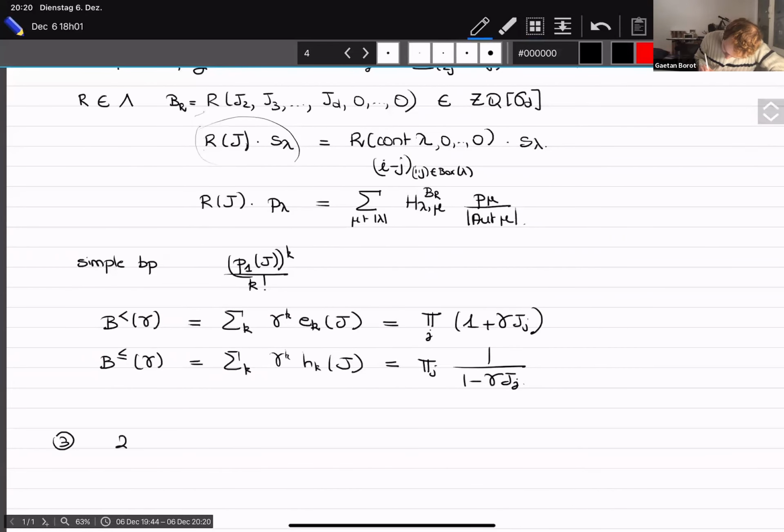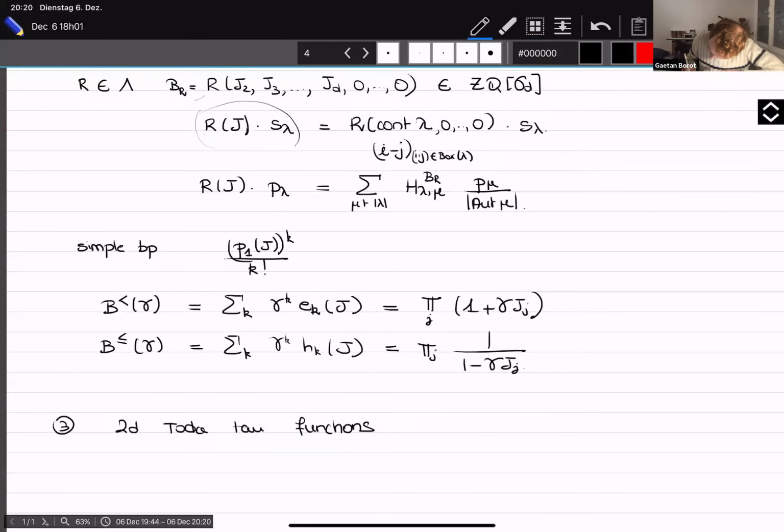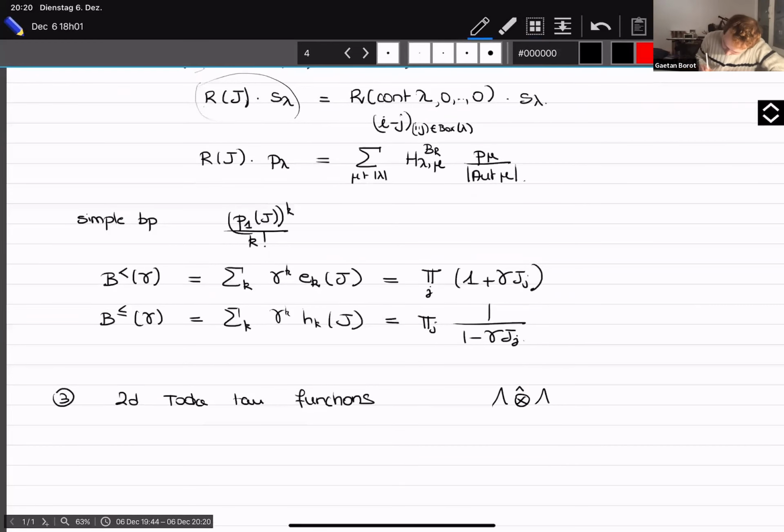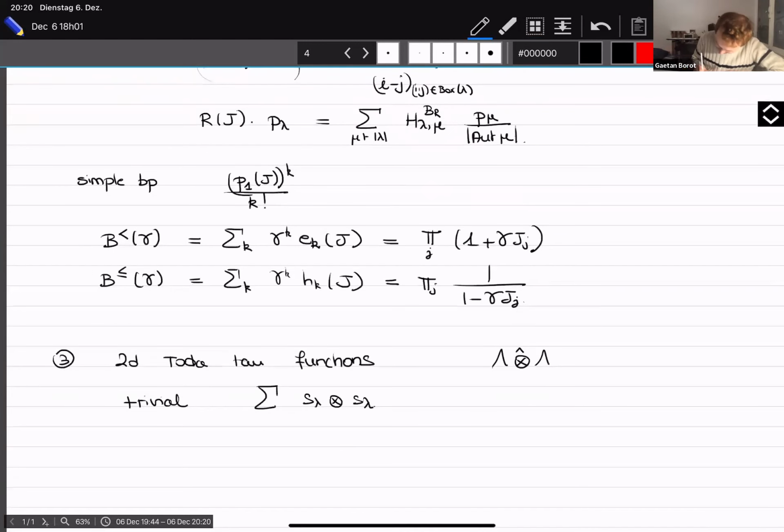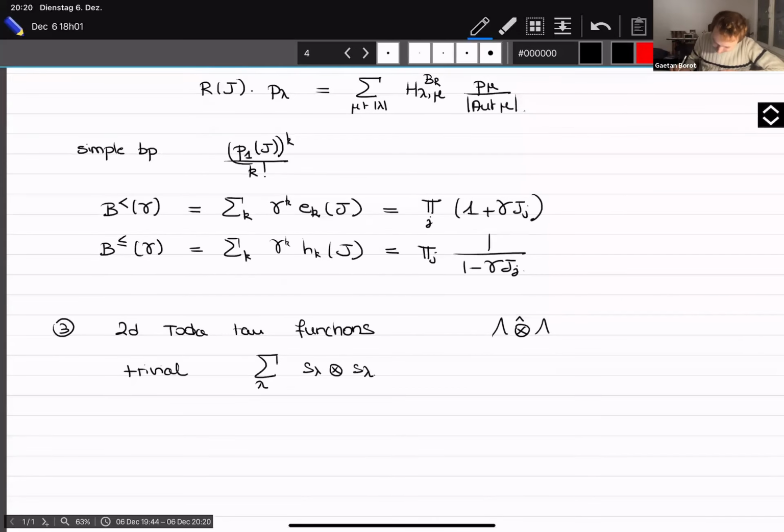there's a 2D Toda tau function, which is something which lives in lambda, a completion of the double tensor product. And there's a trivial tau function, which is the sum of S lambda tensor S lambda. So you can imagine it's expressed in terms of symmetric polynomials in two sets of countably many variables. And then you can act on this by Rj on the first factor, identity on the second factor.